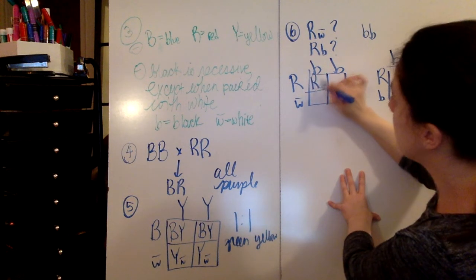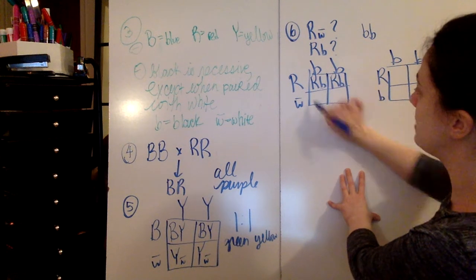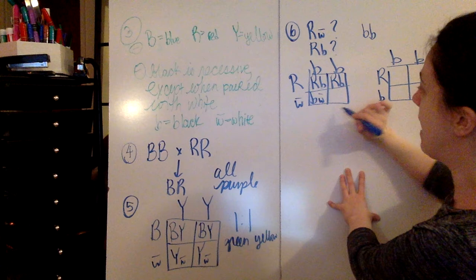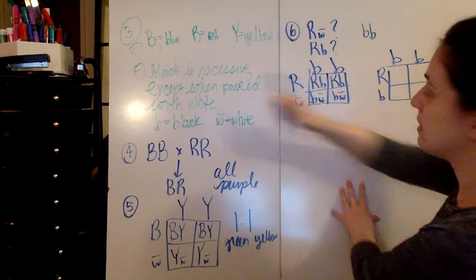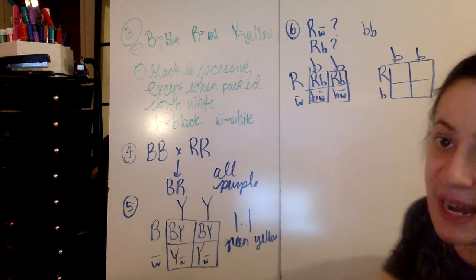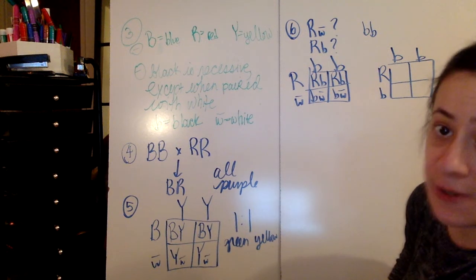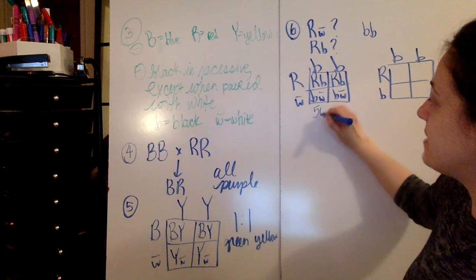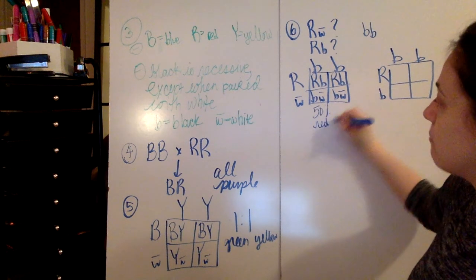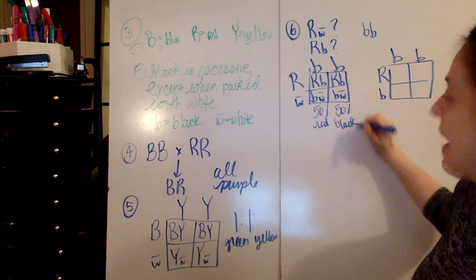Here that would be a red. If we go back, we say black is recessive except when paired with white. So black still appears over white. So this would still be 50% red, and this is actually still 50% black.